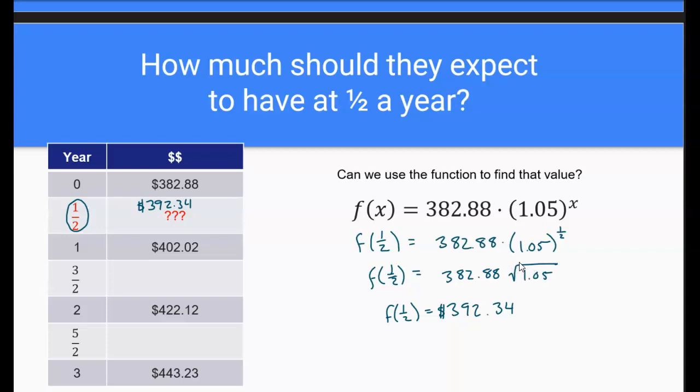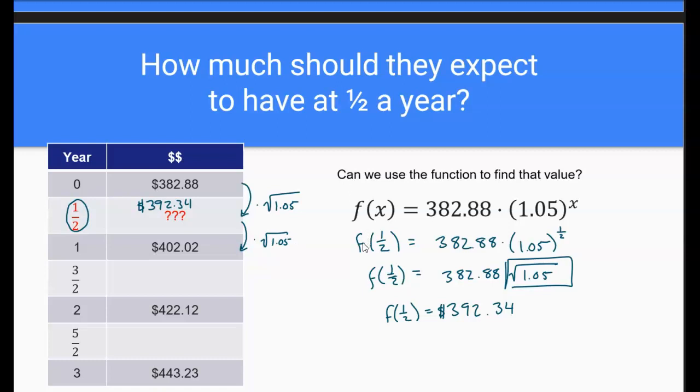Notice what we multiplied by here was root 1.05. We took 382.88 times root 1.05, which is going to be our multiplication factor for each of these steps. Root 1.05, or we can put that in our calculator and get a number.